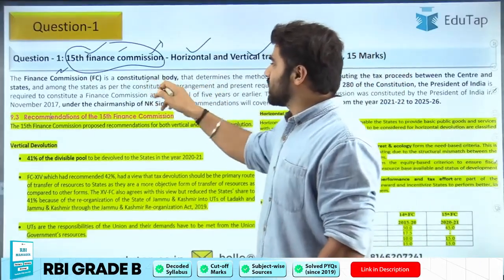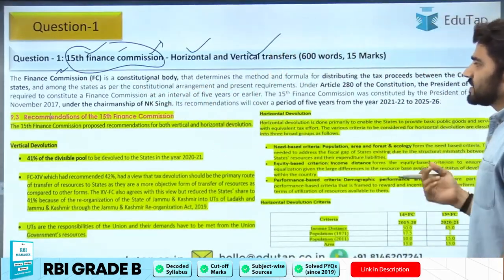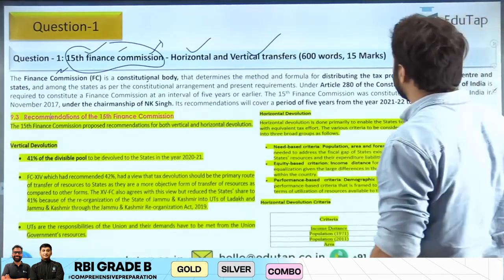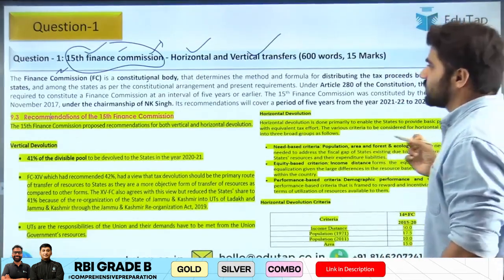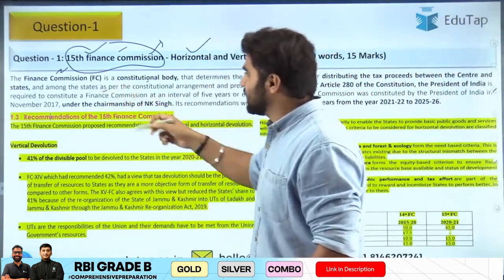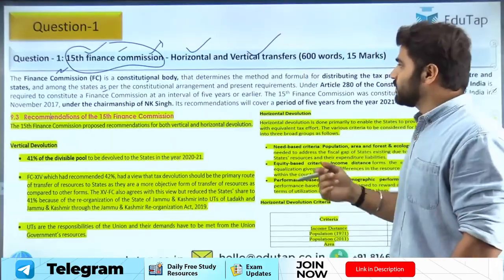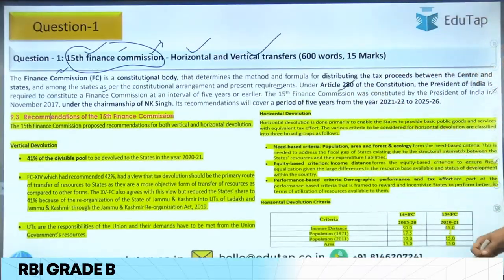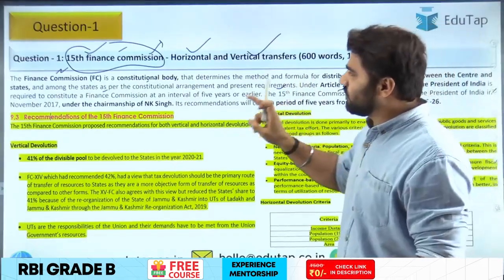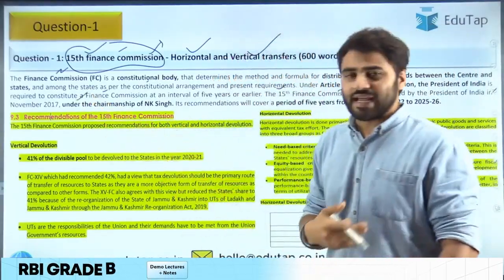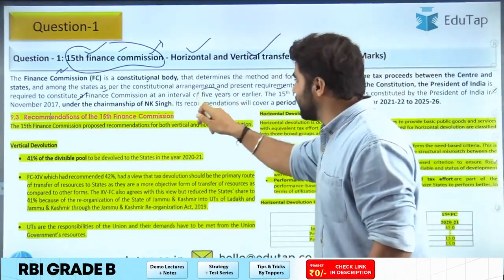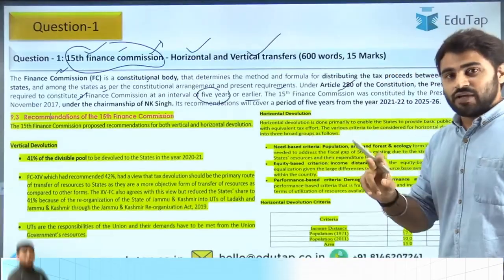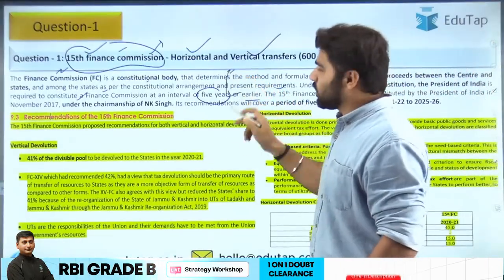So Finance Commission is a constitutional body that determines the method and formula for distributing the tax proceeds between the center and states and among the states as per the constitutional arrangement and present requirements. Under Article 280 of the Constitution, the President of India is required to constitute a Finance Commission at an interval of 5 years or earlier. Now, you have here given the static knowledge about the Finance Commission.